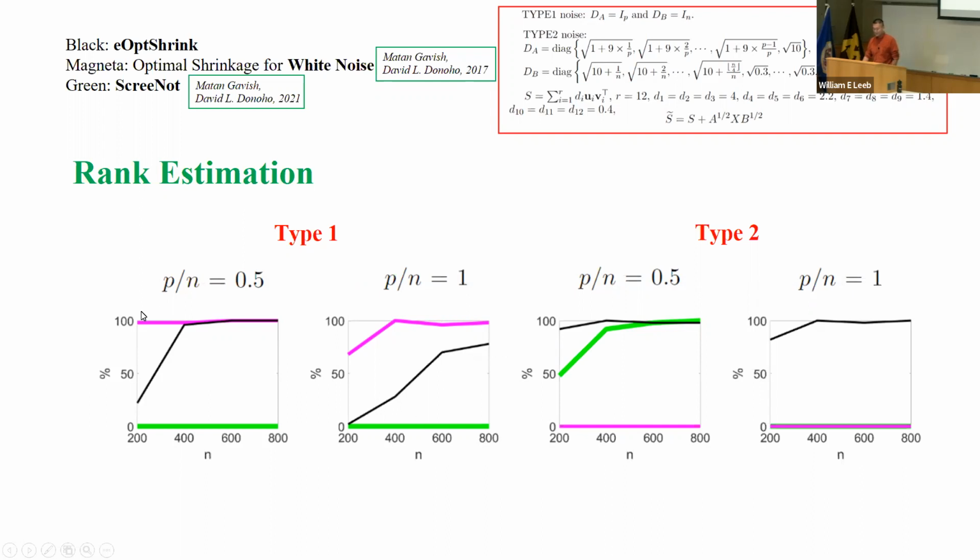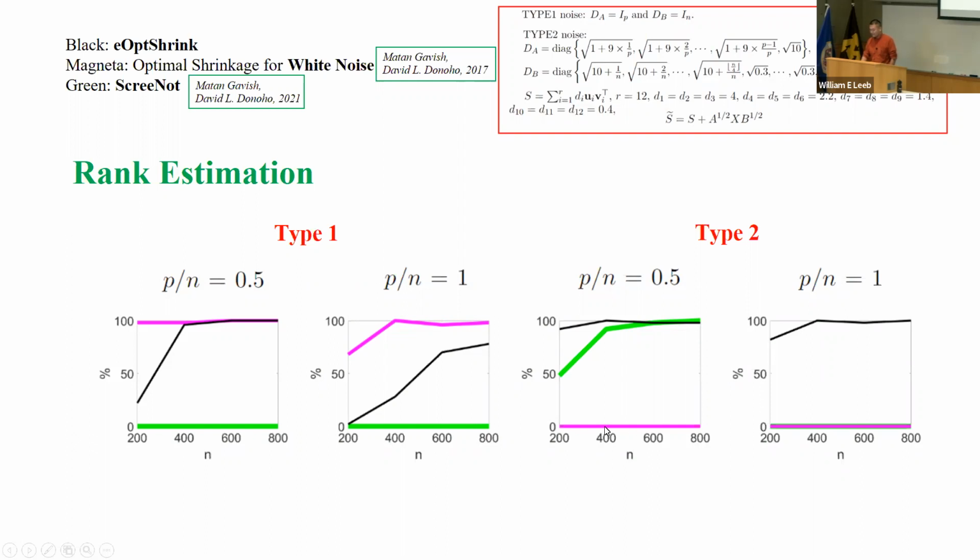But under the white noise model, compared to the previous method, because they already have a deterministic form and our method is just an estimation of the deterministic functions, our method is still somewhat worse than them on noise-only white noise data. But in type 2 noise, the colored and dependent noise, our method converges to 100% rank estimation as N grows.